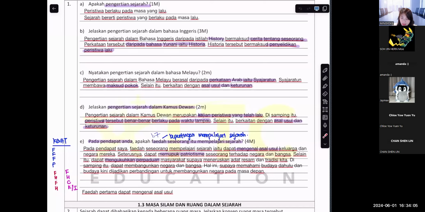Meaning you need to write, dapat mengukuhkan perpaduan masyarakat. Full stop. Hal ini supaya meneruskan adat resam dan tradisi kita. Example, dapat membangunkan negara dan bangsa. Full stop. Hal ini supaya memahami budaya dahulu dan budaya kini dijadikan pembandingan untuk membangunkan negara pada masa depan.